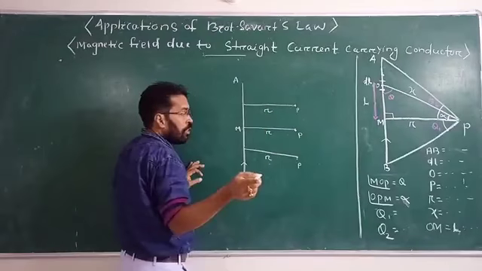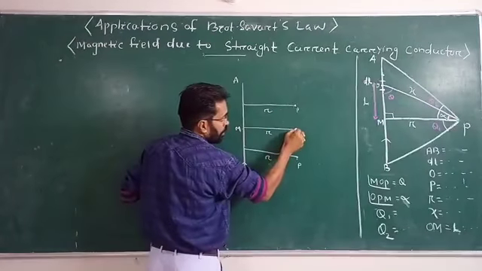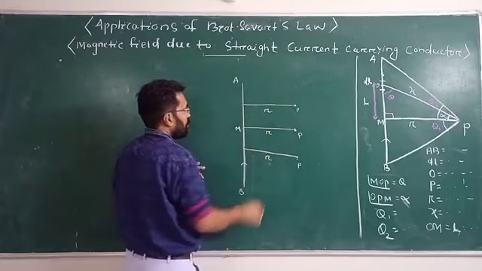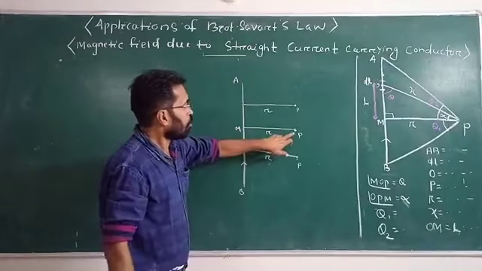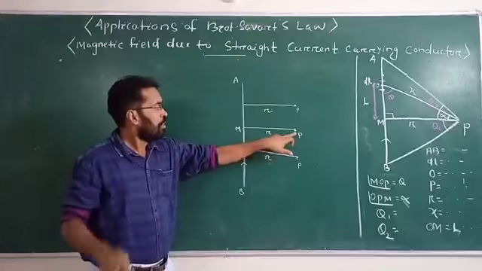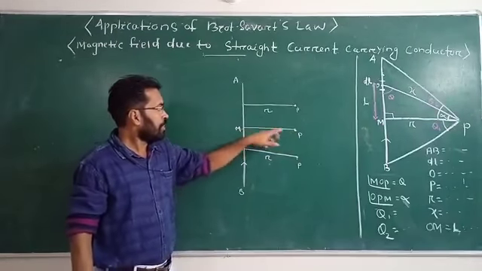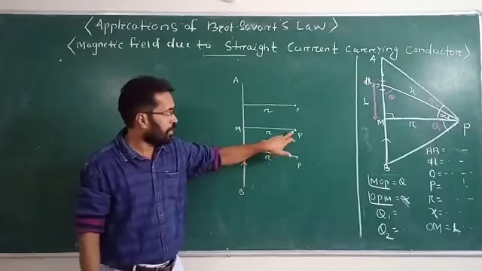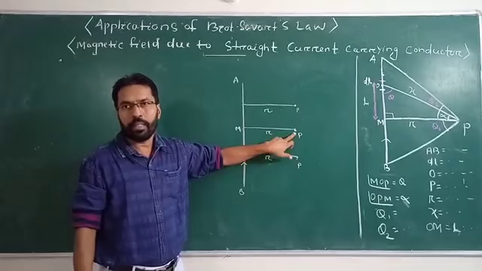Our target is to find out the magnetic field at this point, so this perpendicular distance is not sufficient to define P.